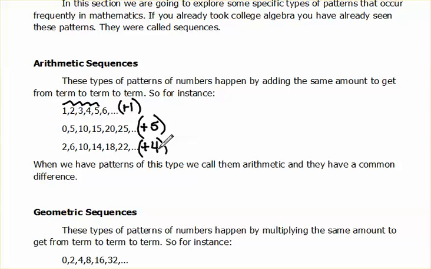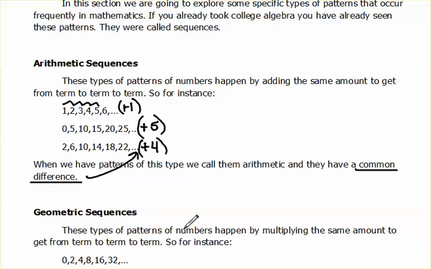So when we have patterns of this type, we call them arithmetic, and they have what we call a common difference. Now that common difference is this amount that you are adding to get from term to term. So for instance, in the first set there, we would say the common difference is 1.